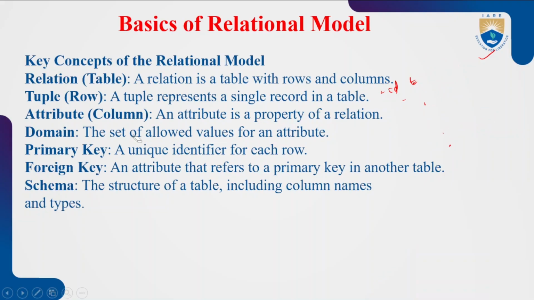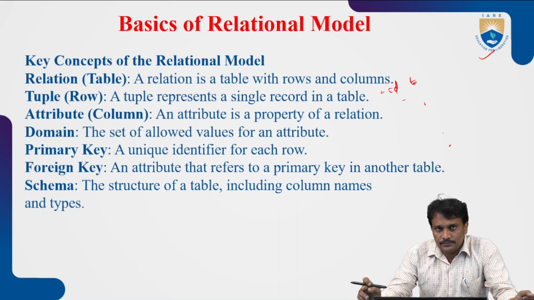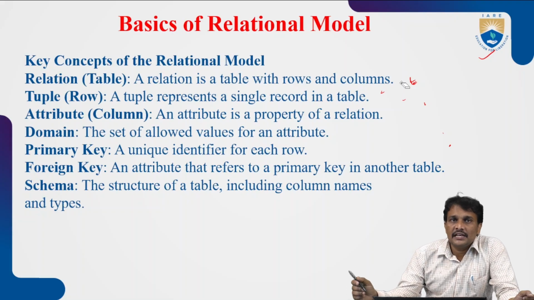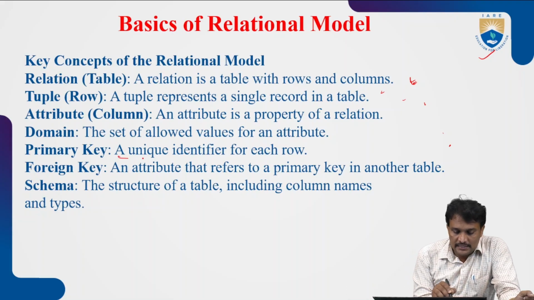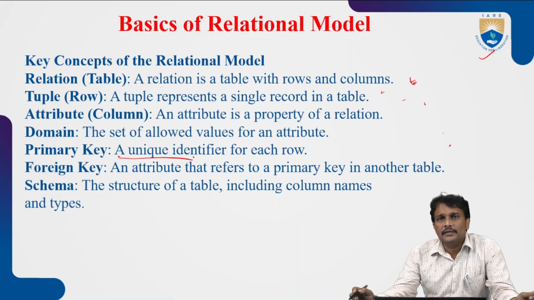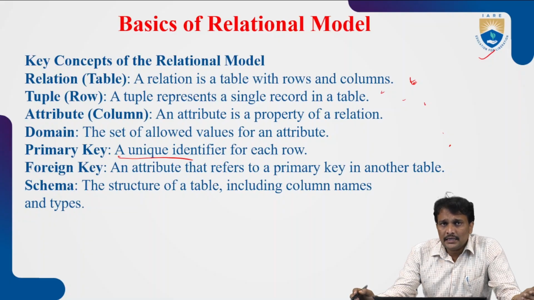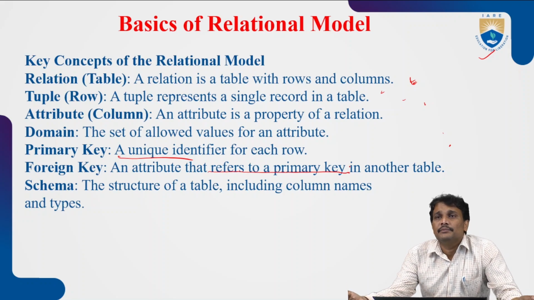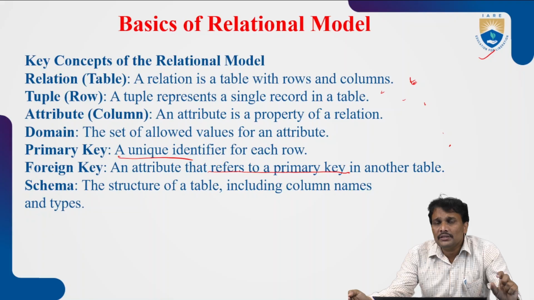Next, primary key, a unique identifier for each row. So each row is uniquely identified. That is nothing but the primary key. And next one, foreign key. Foreign key is applied for an attribute that refers to a primary key in another table.